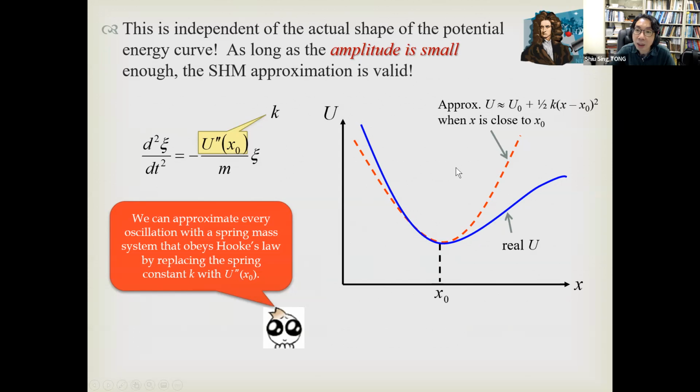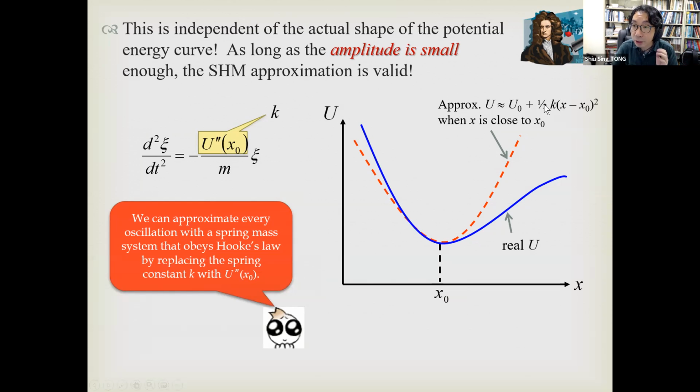Okay, so what is the k? Well, the k is just the u double prime, right? If I replace the u double prime by k in the equation of motion of the previous problem, I just get back the spring mass system. So we are using a spring mass system to approximate a general oscillation.